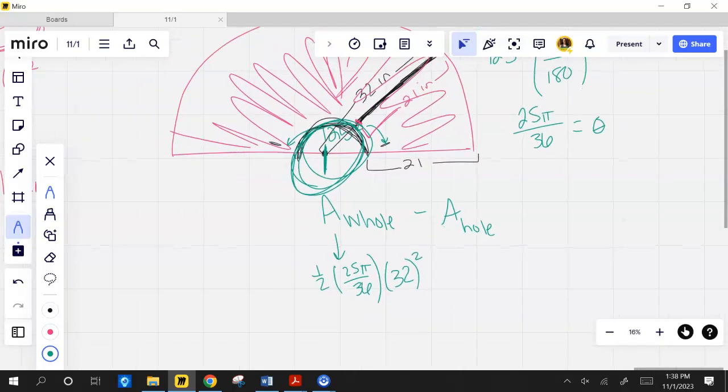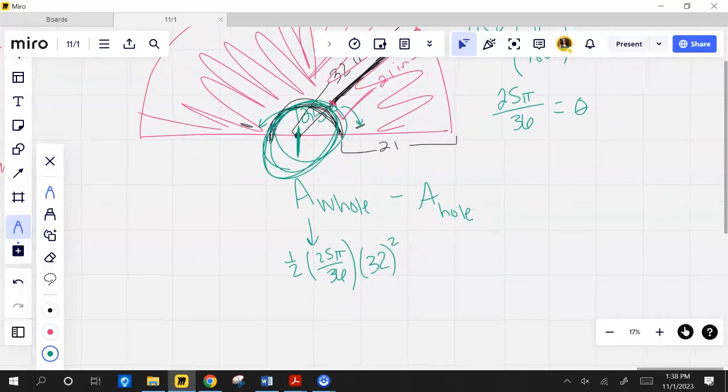1024. Divide that by 2. And then times 25 over 36. Is it 3,200 over 9? 3,200 pi over 9? Is that what y'all got?